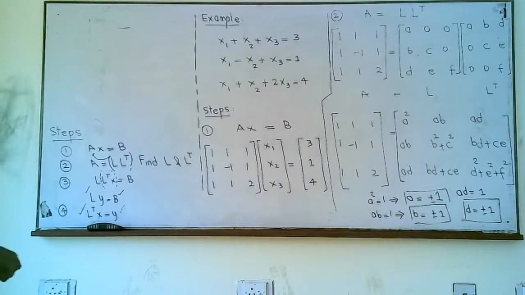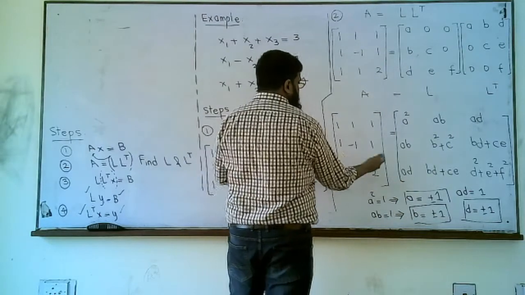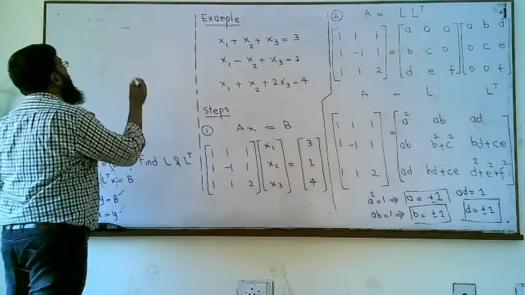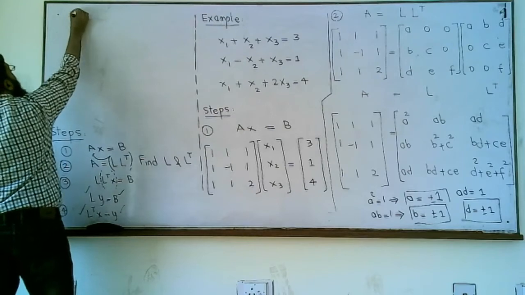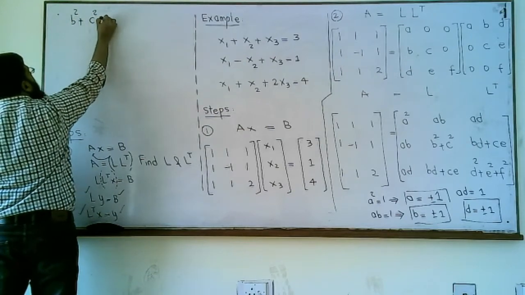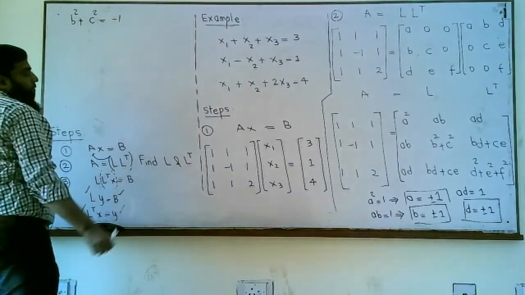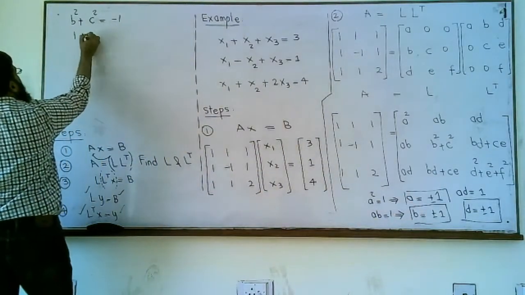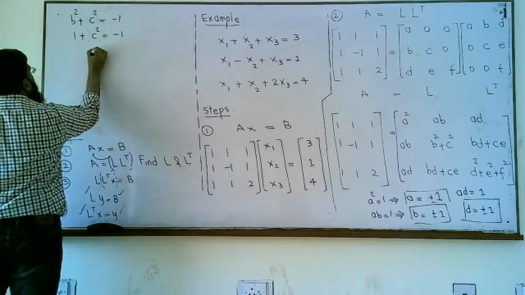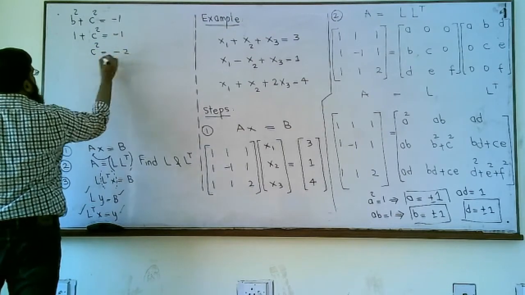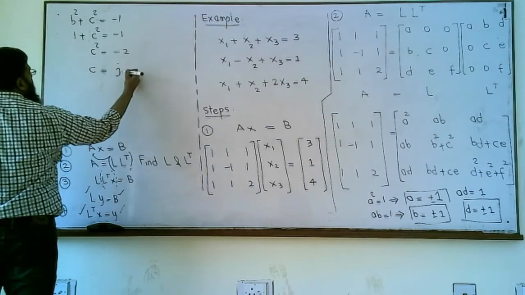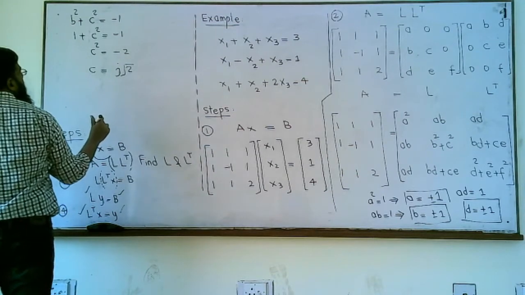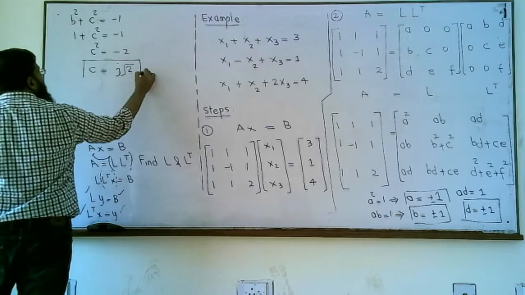Then A B is 1. We know A, we know B, so let's neglect this. B squared plus C squared is minus 1. B is plus minus 1, so B squared would be 1. 1 plus C squared is minus 1. This means C squared is minus 2, or C would be j square root of 2.